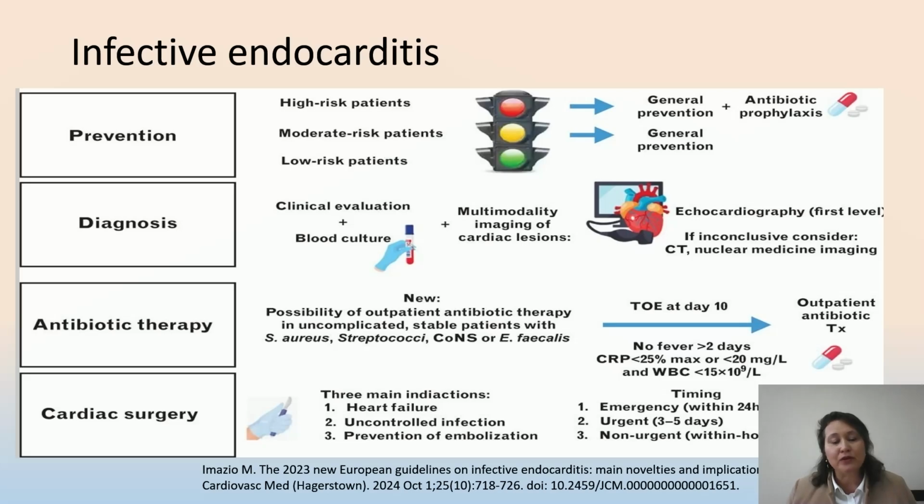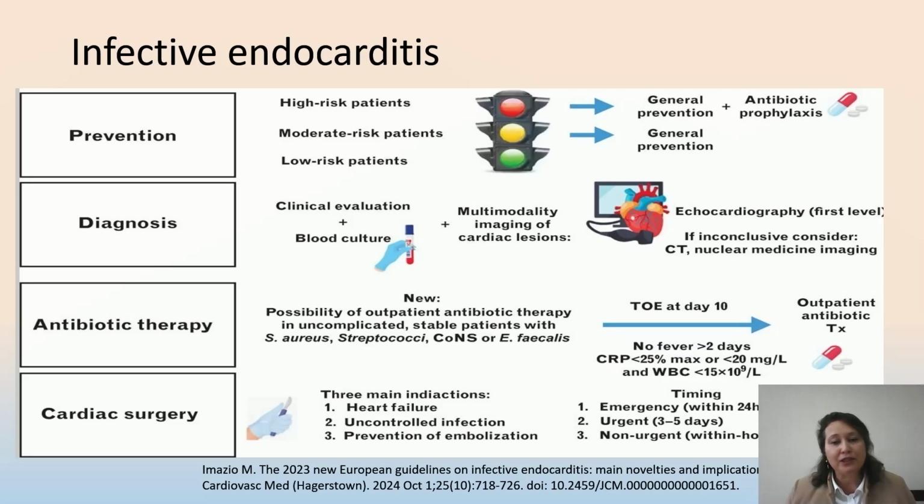Antibiotic therapy. What's the news? Outpatient antibiotic therapy is possible if a patient has no complication, is stable, and if infective endocarditis is caused by Staphylococcus aureus, Streptococcus, or Enterococcus faecalis.